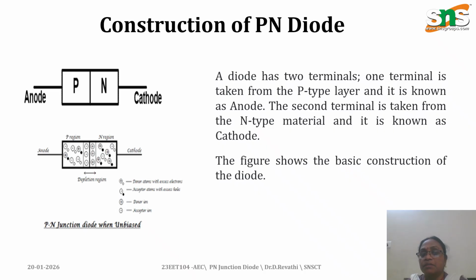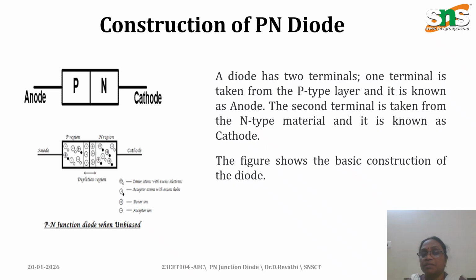The P material consists of majority and minority carriers. The majority carriers in P-type material are holes, and electrons act as the minority carriers.